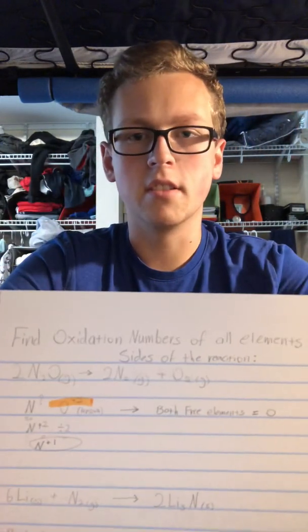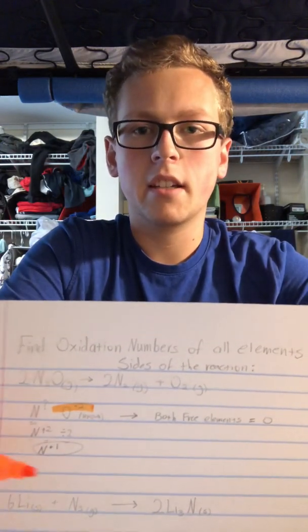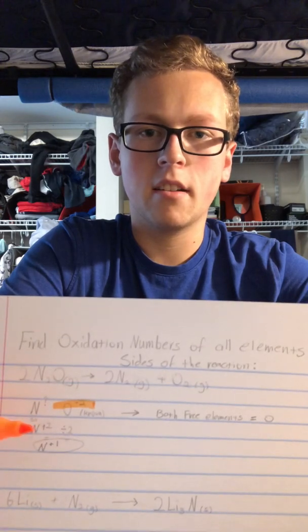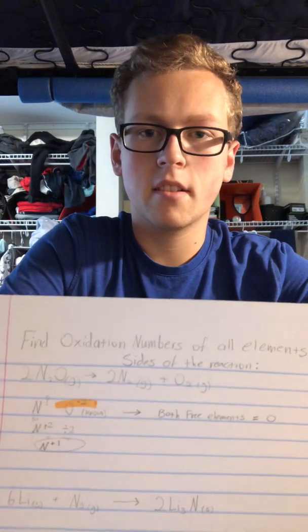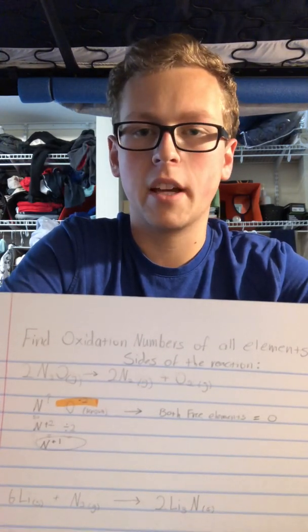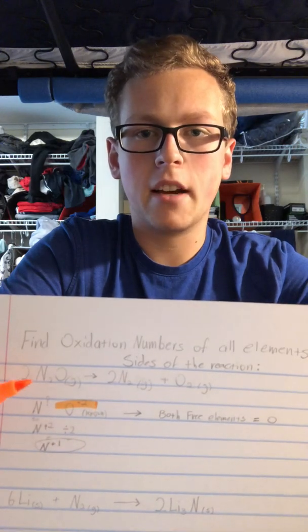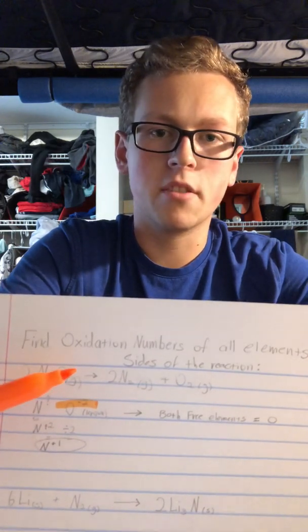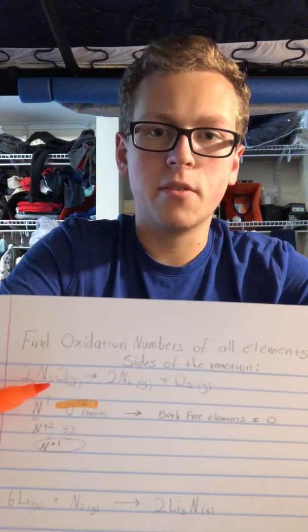There's only one oxygen, so it'll only have -2, and to balance that out and have a net charge of 0, the nitrogen must be +2. And because there's 2 of them, the charge of each nitrogen is +1. So you can see that right there.